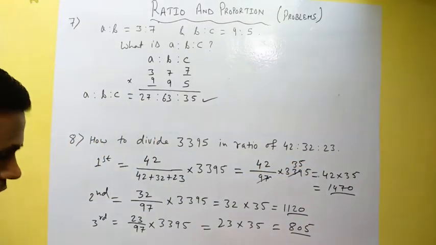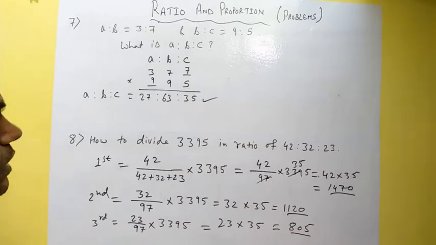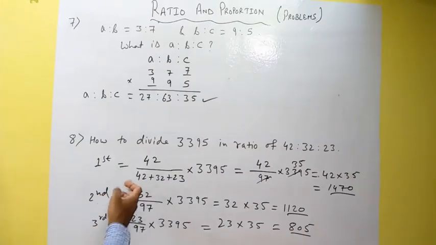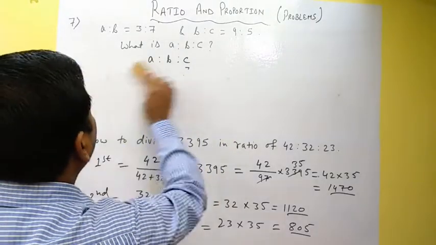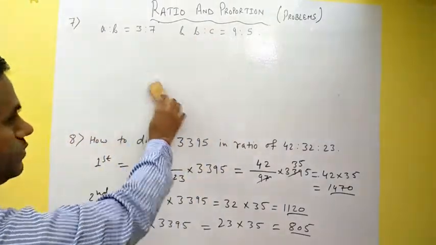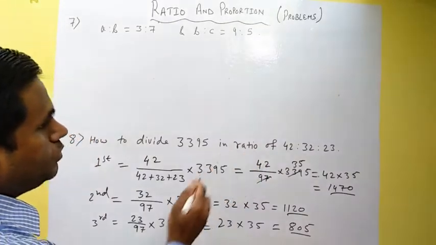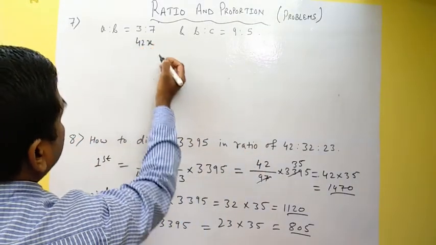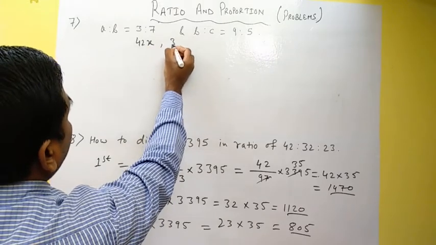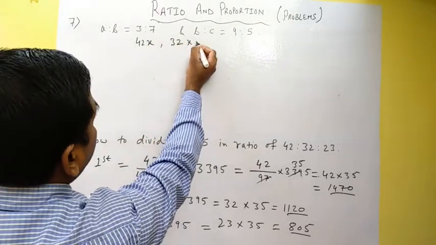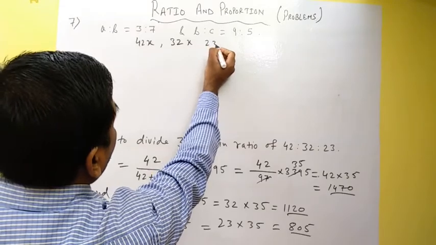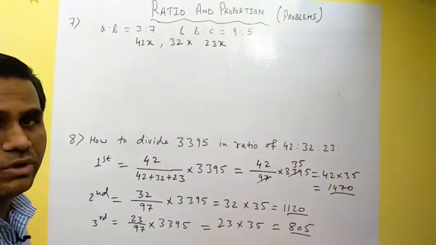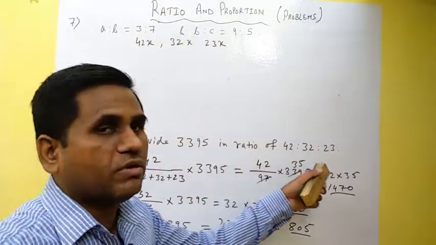So what is the alternative method to solve this? The alternative method is, if you can't remember this formula, then what you can do is, I will show you here. We can assume the numbers are 42x and 32x and 23x, right? We can assume x as a common factor.